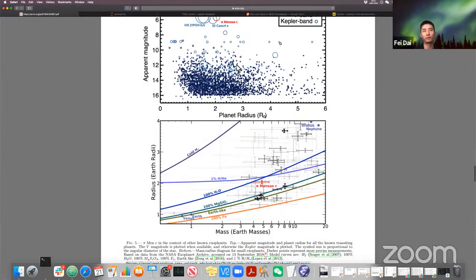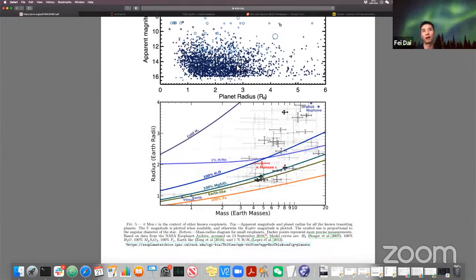So the lower panel shows the mass and radius of Panmasis C. The x-axis is planet mass in Earth masses, and radius is on the y-axis. So the gray symbols are other known planets, and Panmasis C is shown here in the red symbol. I think the opacity of the various points corresponds to how accurate that mass radius measurement is.